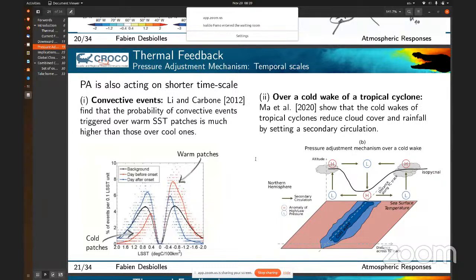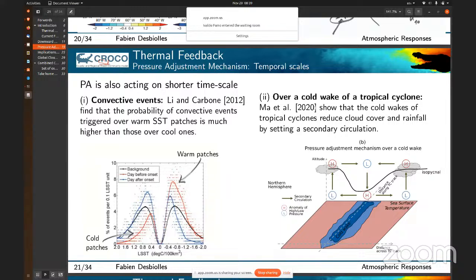It has also been shown that this process is very important in tropical areas after the passage of a tropical cyclone. Why? Because a tropical cyclone passes and leaves a very cold wake in the middle of the ocean, which is a very large structure. The secondary circulation can develop because the cold wake is quite stable for at least a week.